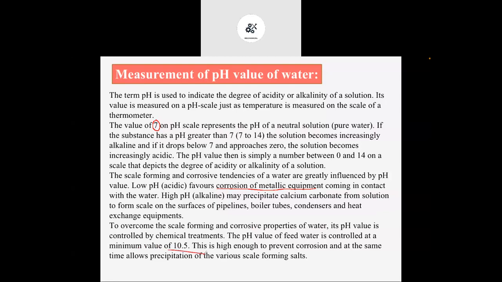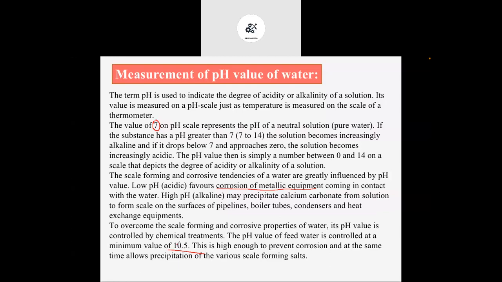The pH value of feed water is controlled up to a minimum value of 10.5. Generally, the ideal condition of that feed water is that the pH value must be 7, that is the neutral solution. But to reduce the corrosion problem, what we do is increase the pH value of the water up to 10.5.